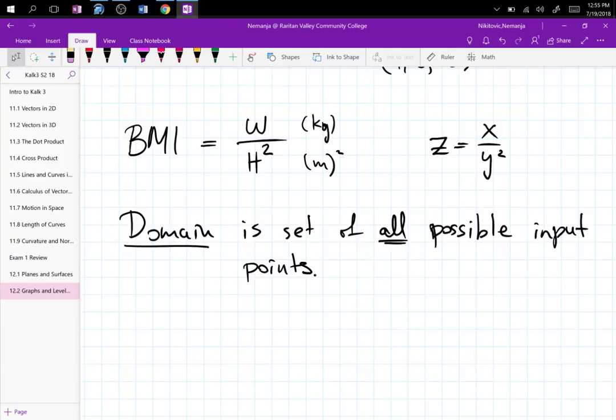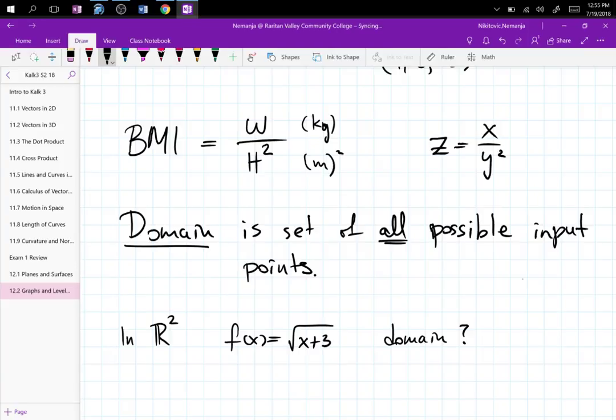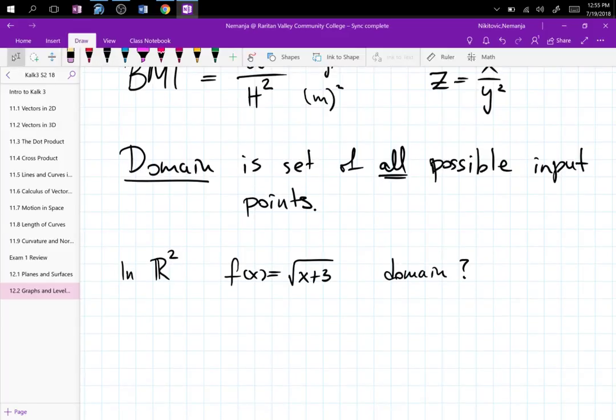for our 3D functions. So in your previous life, in R2, you had a function f of x is equal to square root of x plus 3. And the question was, what is domain? Well, the way you would solve that, you would say, I am only allowed to plug in non-negative numbers.